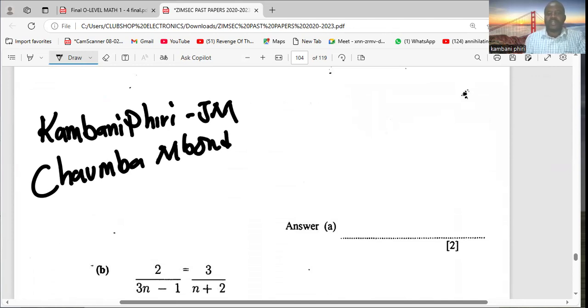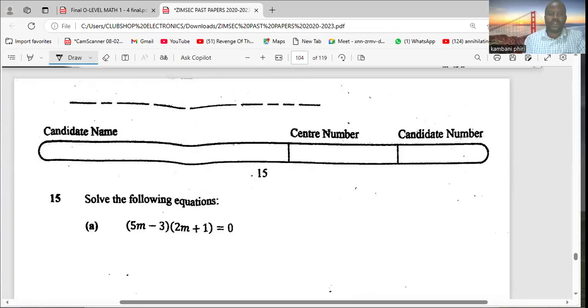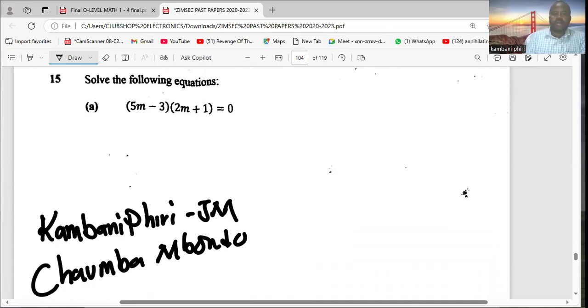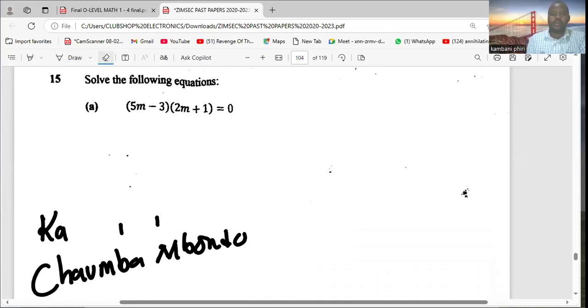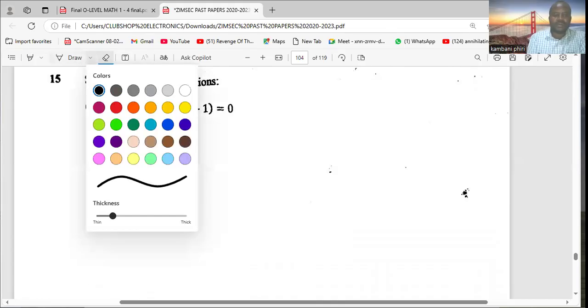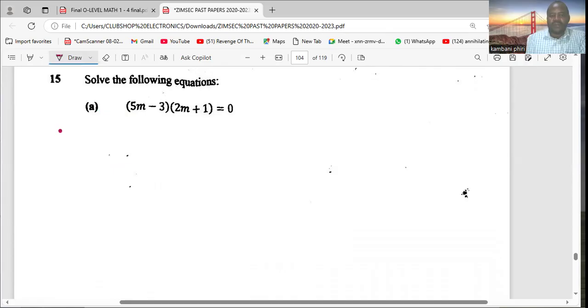Okay, let's go to the next question. Question 15. Solve the equation 5m minus 3 multiplied by 2m plus 1. So this will come from the zero product rule.